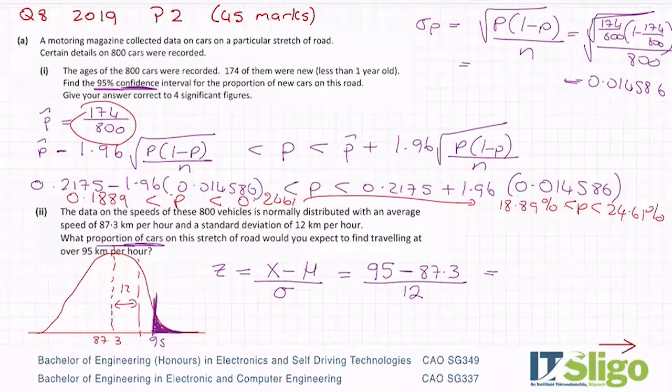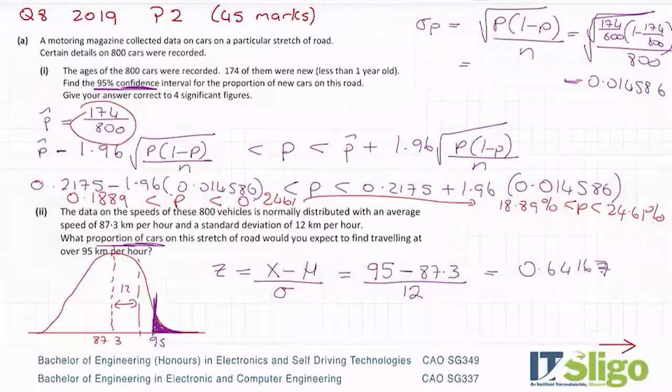Put that into my calculator: 95 minus 87.3 all over 12 gives me 0.6416, repeating 6, so 0.64. So that's my z-score. Let's look that up and see what proportion that is equivalent to.